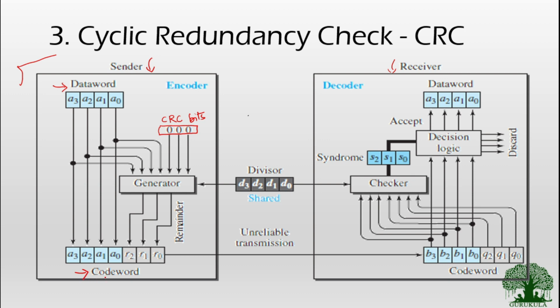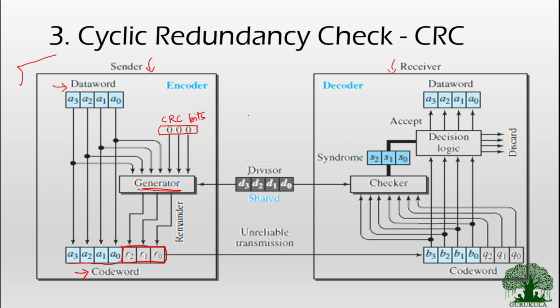Your code word is your data bits appended with the redundancy bits we got out of the CRC algorithm. These redundancy bits are given by the generator, which performs the CRC, and the output from the generator is added to the data bits, and then your code word is transmitted over an unreliable channel or medium.